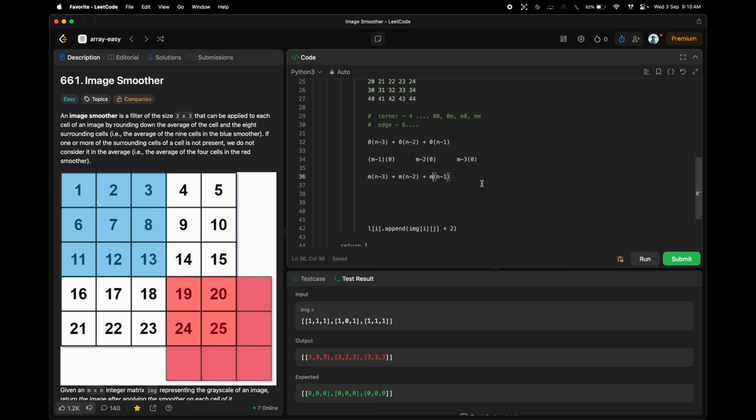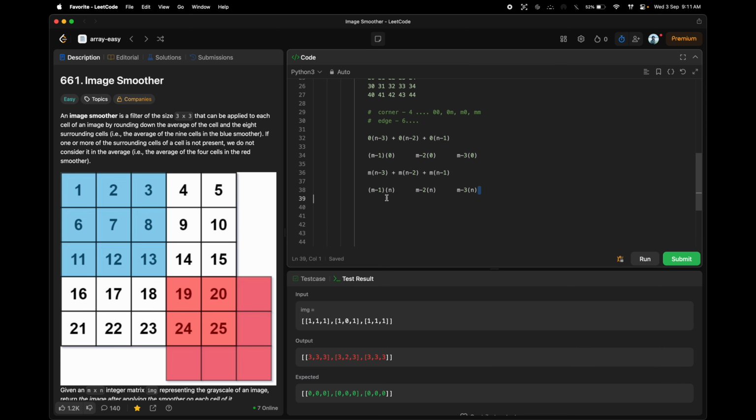This is an h, and instead of this also I will have n, till it becomes greater than 0, whatever is the logic. I think you got it. So this is the edge logic.